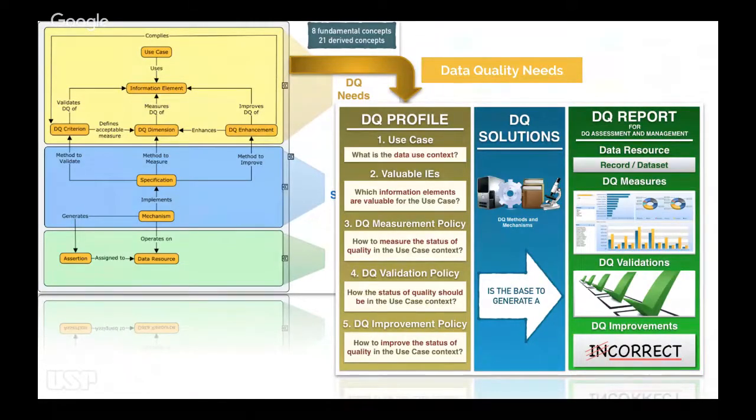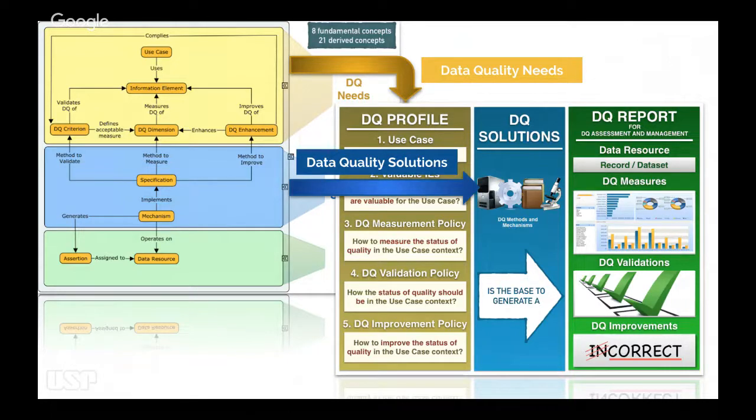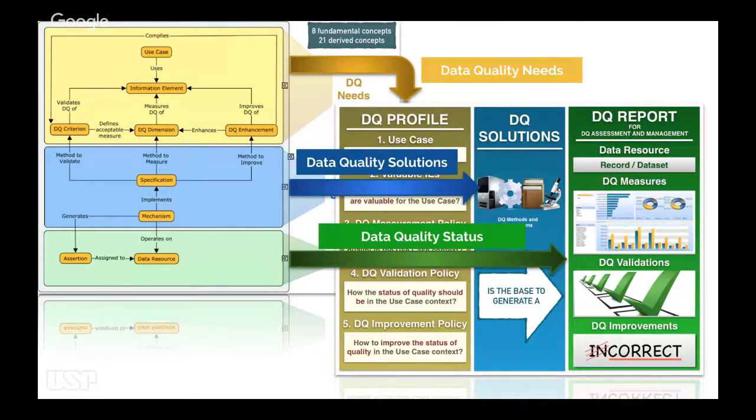So basically this framework and all the specific concepts and mathematical formalization just try to serve as a common background to help describe data quality needs in a common, formal way, describe data quality solutions to meet these needs, and describe how I can communicate and represent the status of data quality based on these data quality needs and solutions, okay.